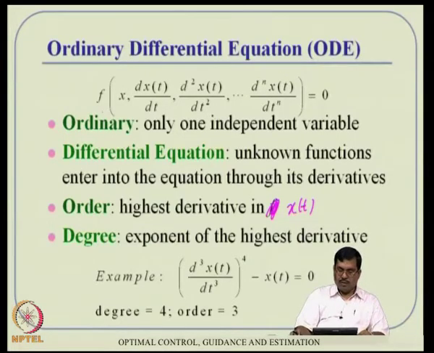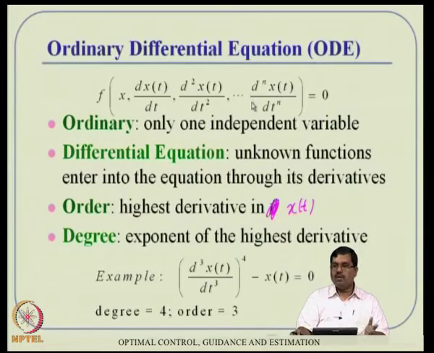The degree is the exponent of the highest order derivative. That means if you have d square x by dt square to the power cube, then the degree is 3 basically. So, this in general is a nonlinear equation.